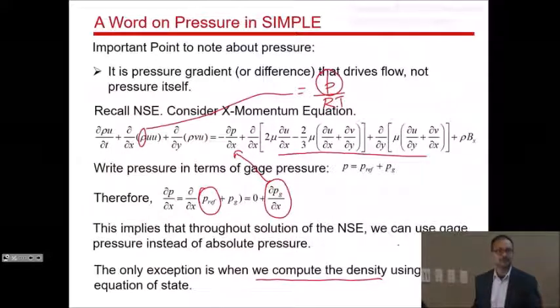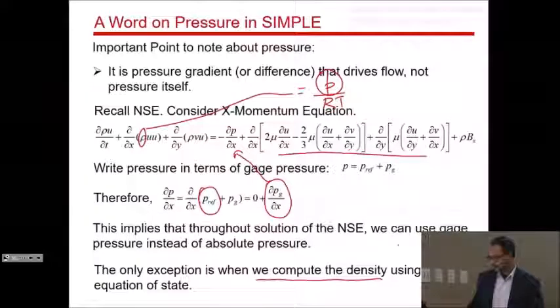That would mean the reference pressure is 0, basically. So be careful with that. Keep in mind that what your code has calculated is the gauge pressure. So all that means is you simply add the reference pressure to that and then compute your density.